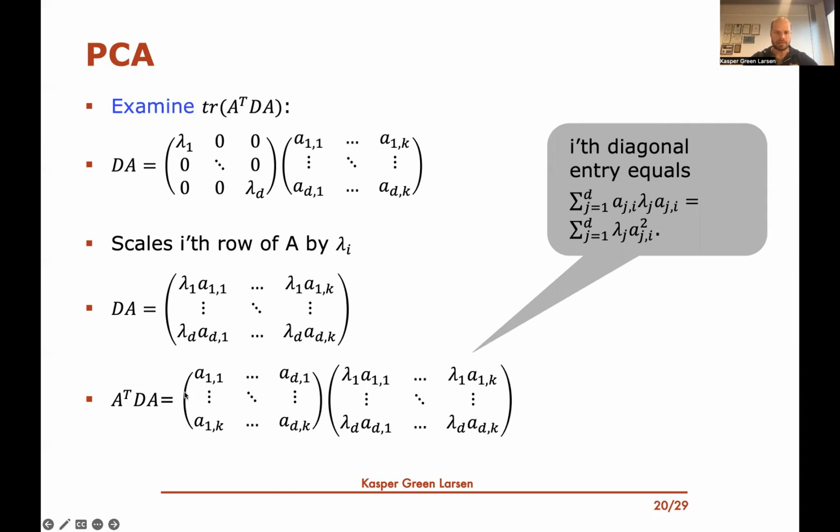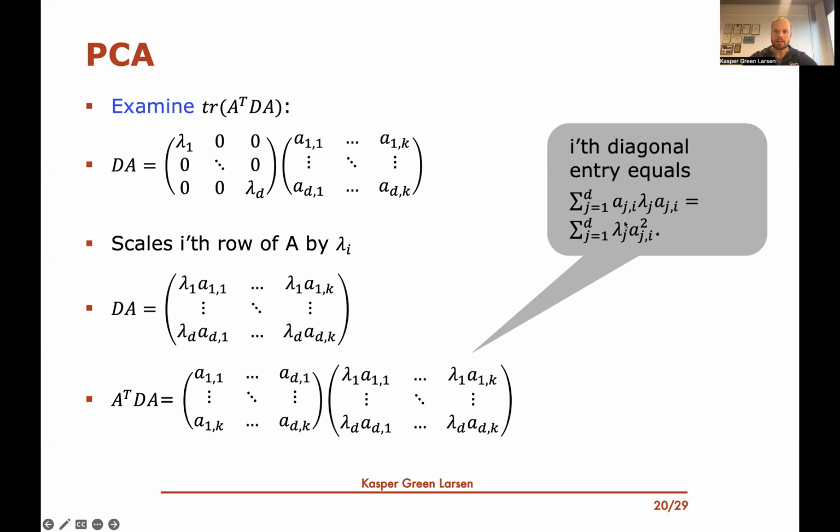So the ith diagonal entry is the inner product between the ith row of A transpose and the ith column of dA. Right? The ith row of A transpose is the ith column of A, because it's the transpose. So basically what we're doing here is that we're summing from 1 to D. And then we're saying we've basically fixed the ith column of A, and we're just taking all the entries one by one, scaling them by the lambda j's, and the same entry in A again.